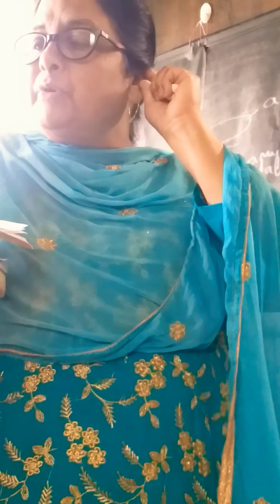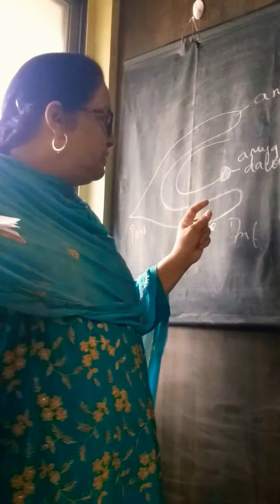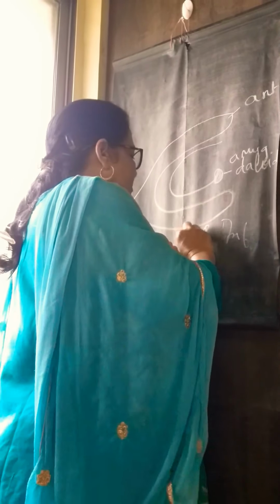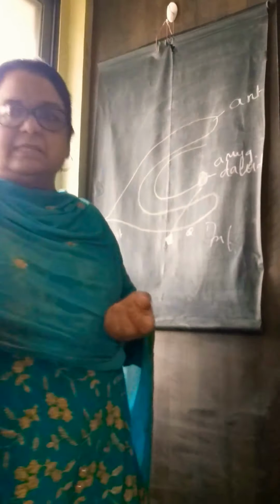So this amygdaloid body is functionally related to the stria terminalis, and it is an important part of the limbic system.